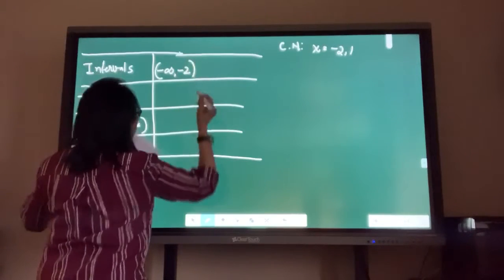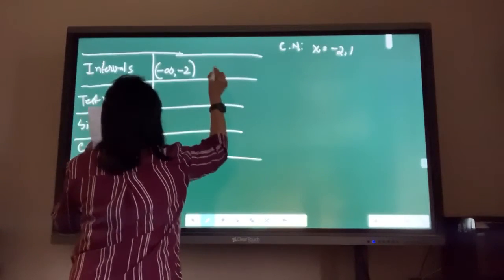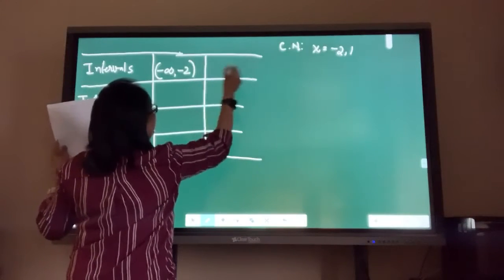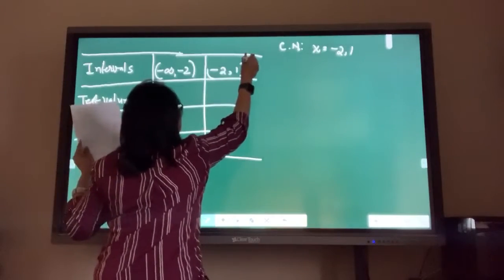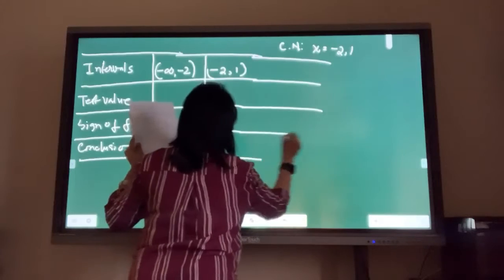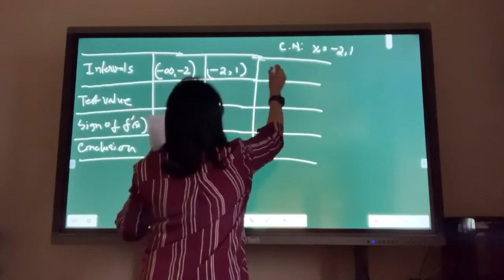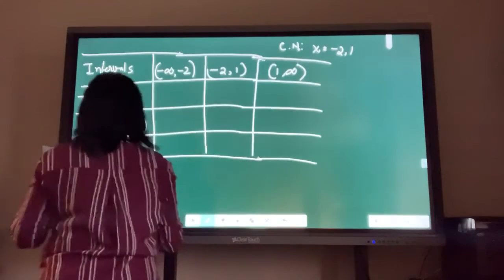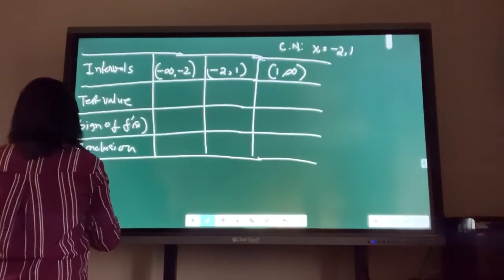You can put it in this form, or you can put it in inequality form. It's up to you, but let's just put it this way. Then between -2 and 1 is another part of the interval. Then we have 1 to infinity. So these are the entire number line, including those two critical values.